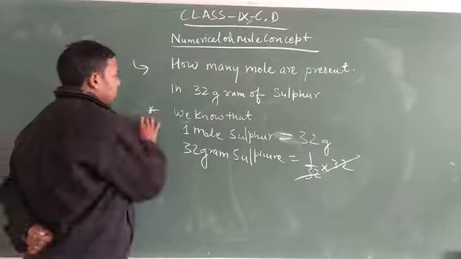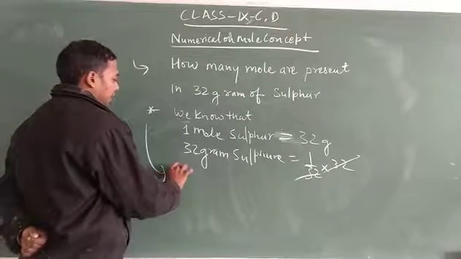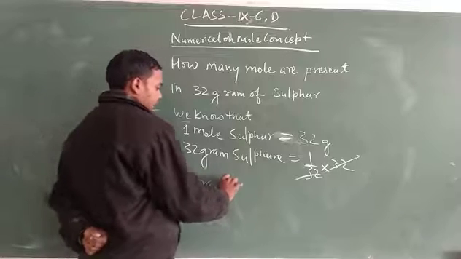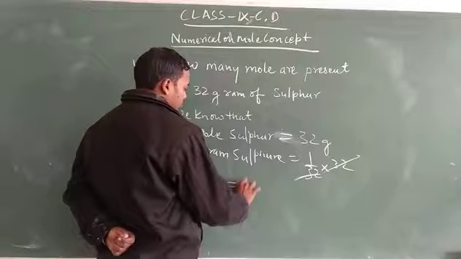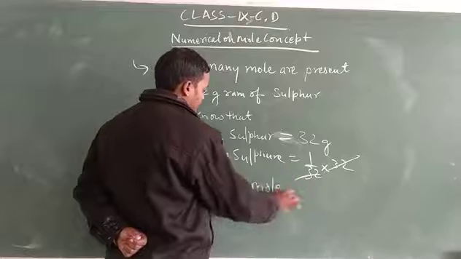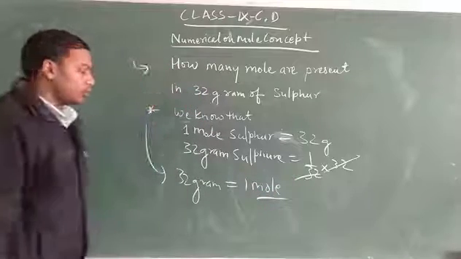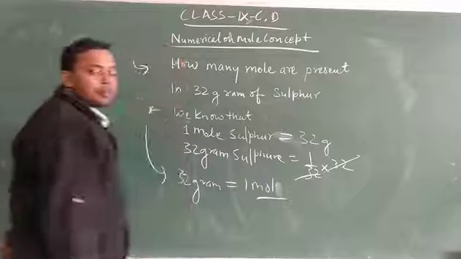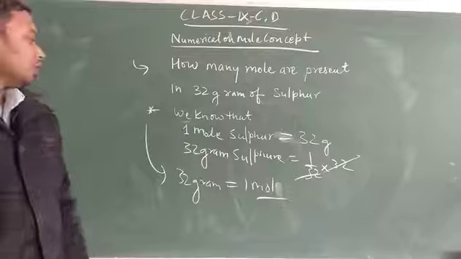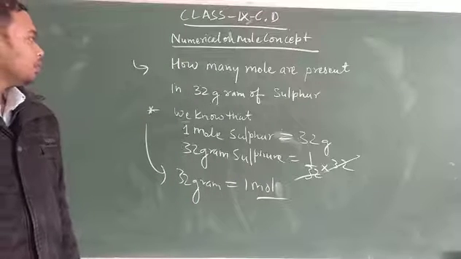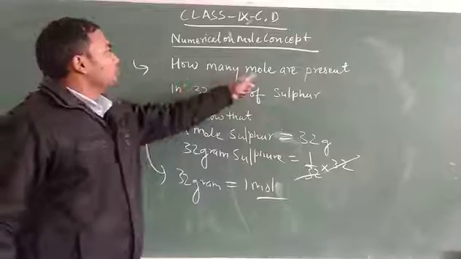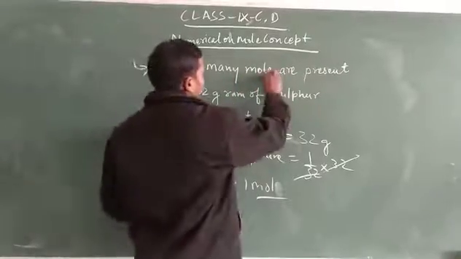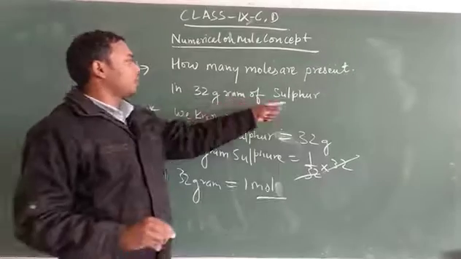So in 32 grams will equal to 1 mole. So it is a unit of mole. That is 1 mole. So how many moles are present in 32 gram of sulfur?